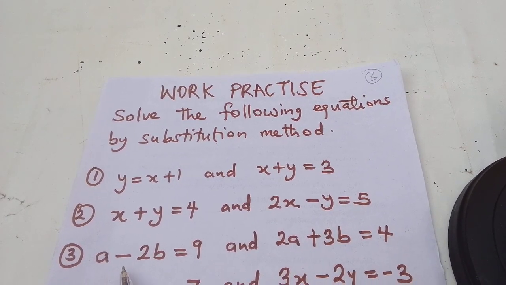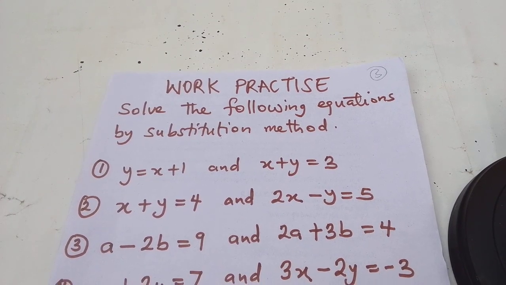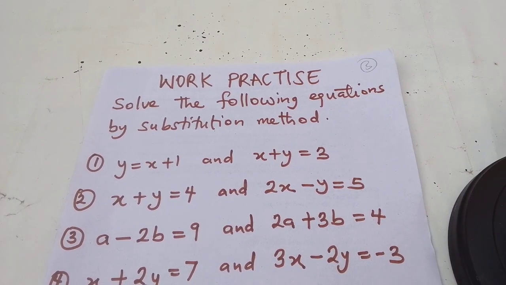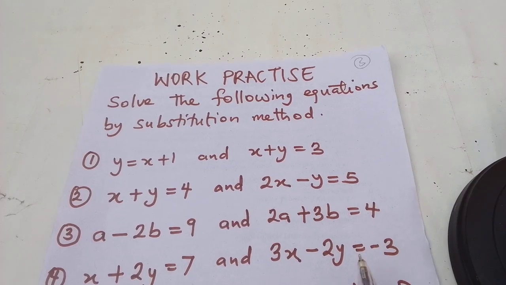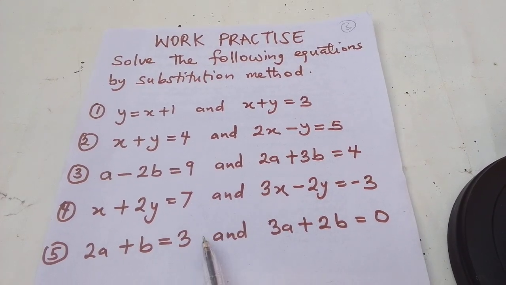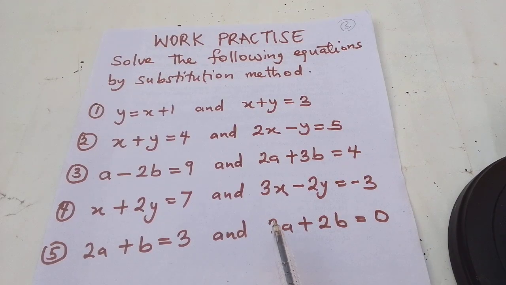Number 3, a minus 2b is equal to 9 and 2a plus 3b is equal to 4. Number 4, x plus 2y equals 7 and 3x minus 2y is equal to minus 3. Then number 5, 2a plus b equals 3 and 3a plus 2b is equal to 0.